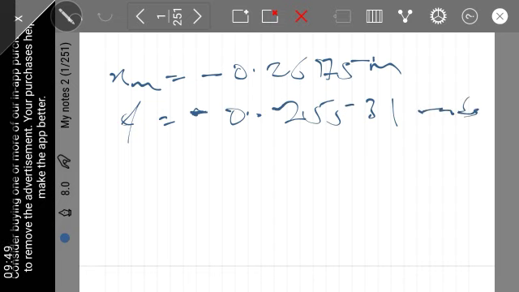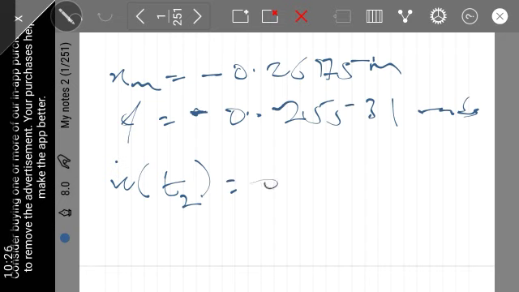Now, let's look for the time. Remember that at the time it hits the collar, its velocity is going to be 0. So that time, x dot of t, let's call it t2, is equal to 0.